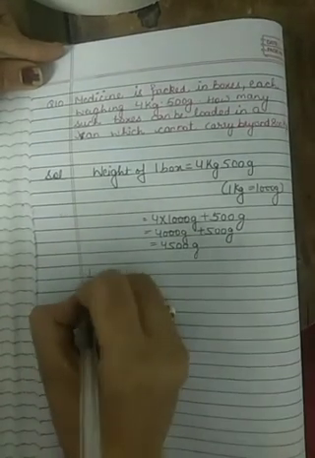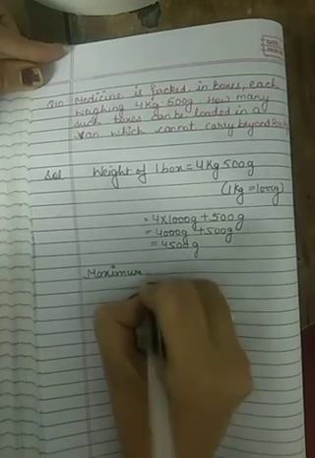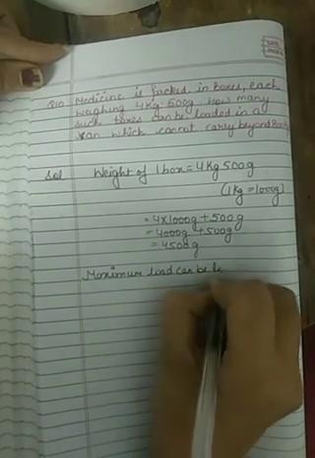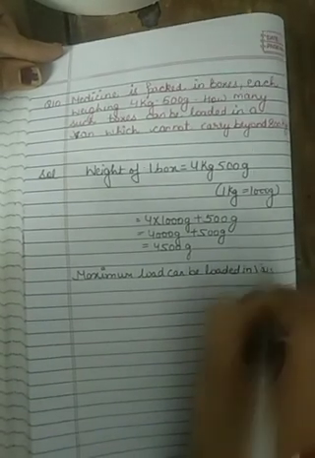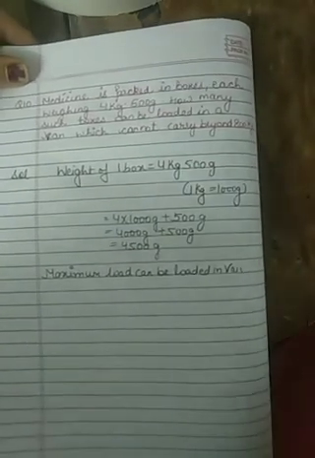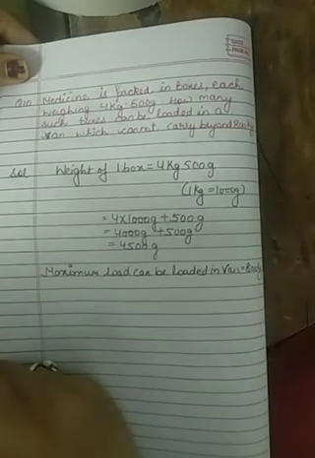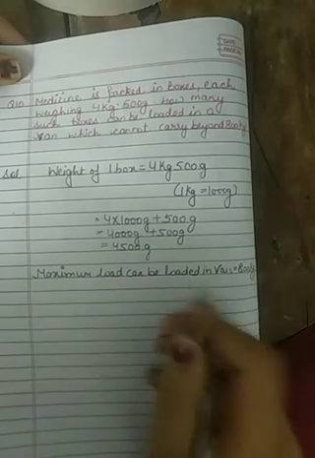Now the maximum load that can be loaded in the van is 800 kg. Clear? So kg also you convert into gram.